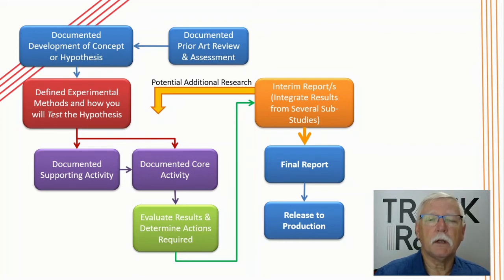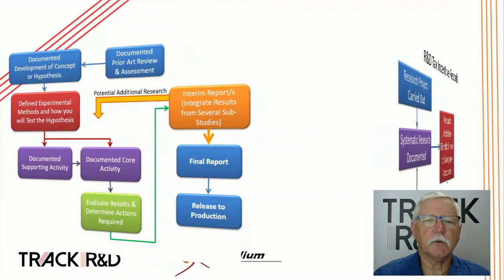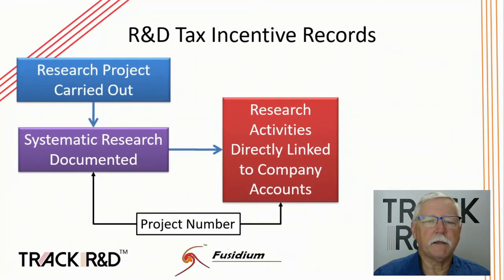All going well, this work may culminate in a final report and, in an ideal world, release of the product to production based on the nature of the findings. When looking at the linkage between your R&D activities and your financial records, one way to keep track of these effectively is to have a dedicated project number that can link between your research records and the chart of accounts.